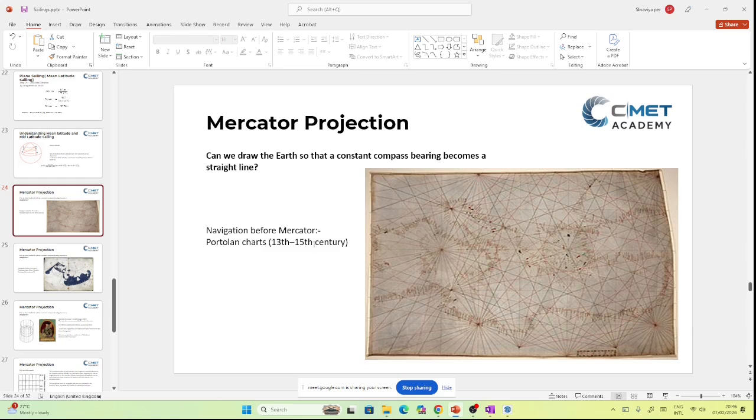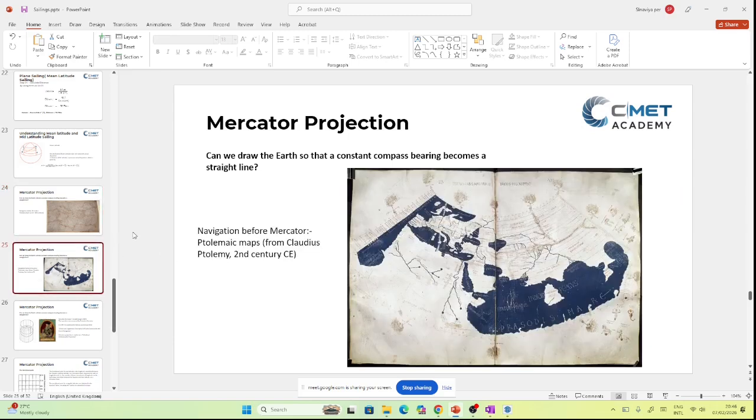But if you look at the globally preserved systems, you can see that in the 13th and 15th century they were using something called photo charts. Then there are the Ptolemaic charts by Claudius Ptolemy in the 2nd century.